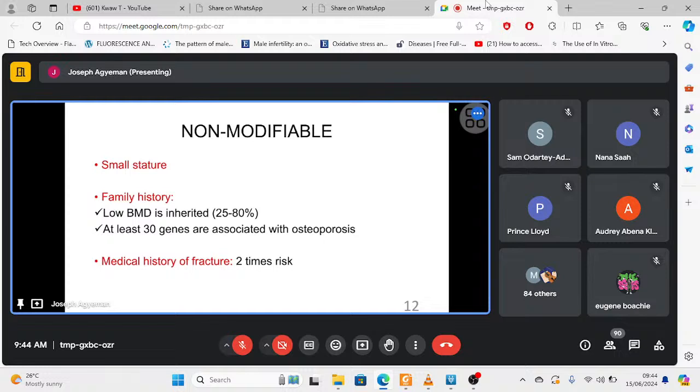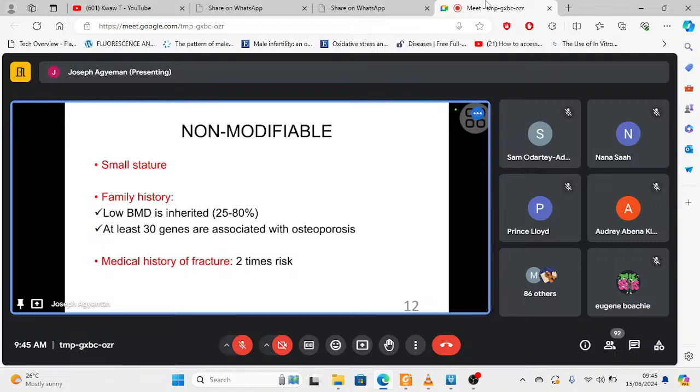Family history, you can't change that. If in your family you do have low bone mineral density, then of course you can't go back and change your family history. We know that about 30 genes are involved when it comes to osteoporosis, and if you inherit any of these as part of your family history, you can't do anything.